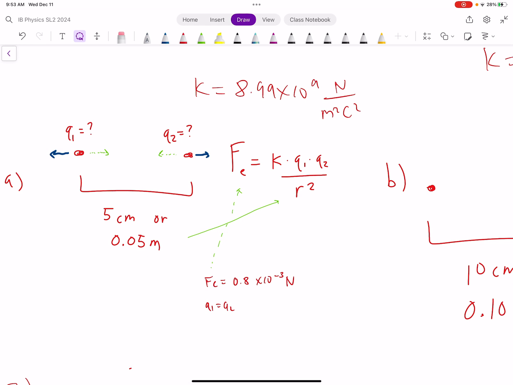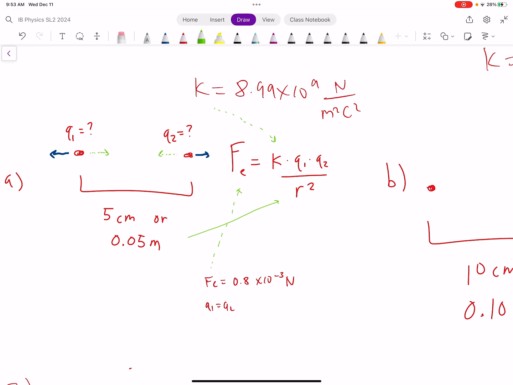There's a couple things about k we need to know. It's a constant, of course, so you just plug in this number, 9 times 10 to the 9th. The unit is not really that important: newton meters squared per coulomb squared. It just makes the equation work. Our equations a lot of times need these constants to make the relationship true.